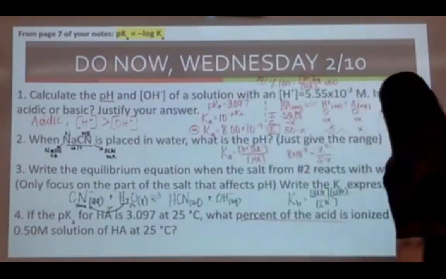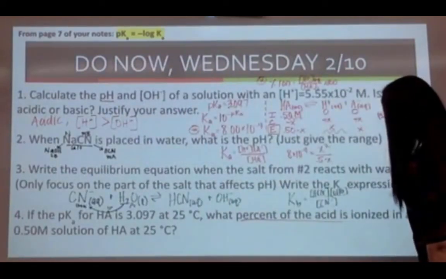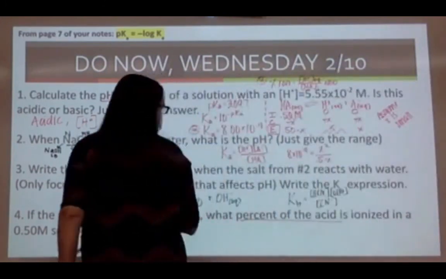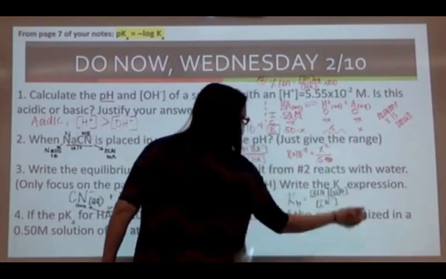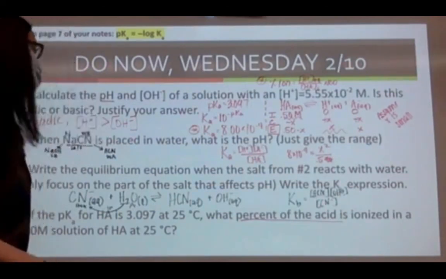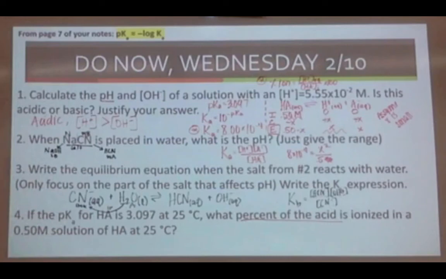I'm going to make the note up here: assume x is small. We assume x is so small, it's not going to affect that 0.5. So 8e negative 4 times 0.5, then take the square root.